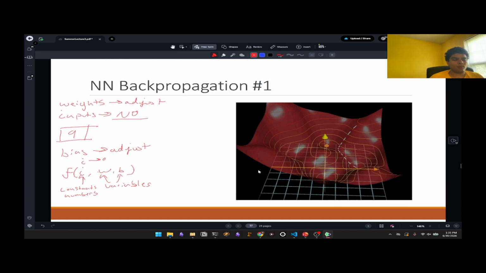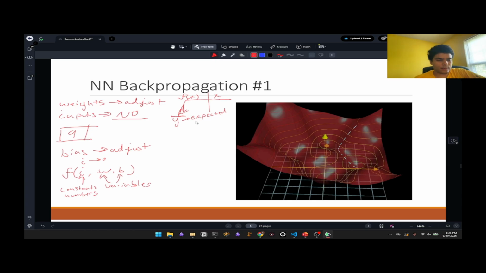Okay, so how exactly do we do this? Well, the way I want you to think of it is, whatever the network produces, it produces some value. We'll call this y, because again, f of x, y, that's how it goes. And we'll put a line for it, and that line indicates expected.